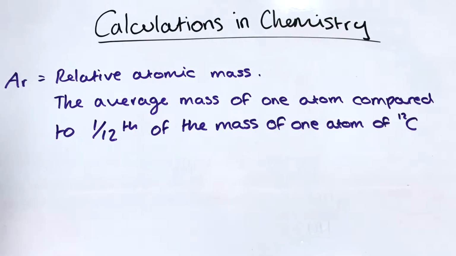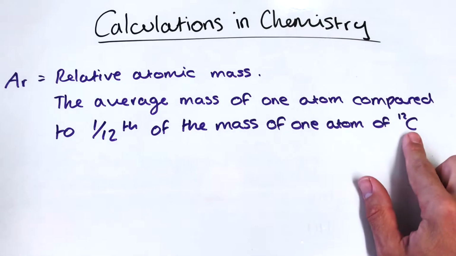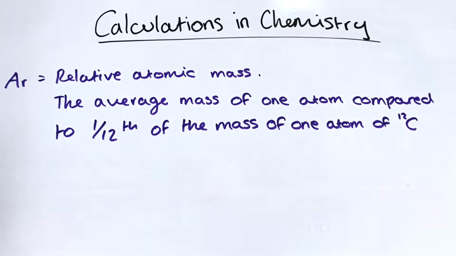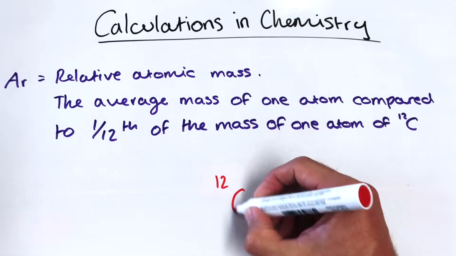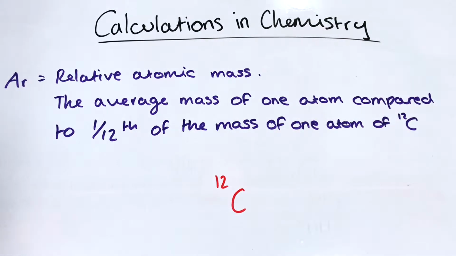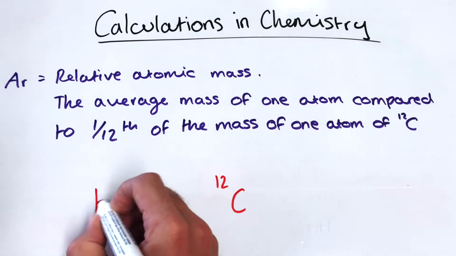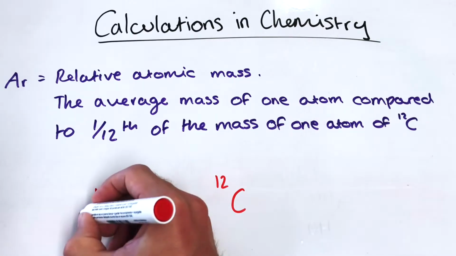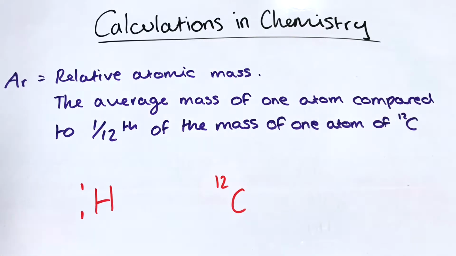Just like the Celsius scale, when we're using carbon-12 as our benchmark, we compare everything back to this carbon-12. So one atom of carbon-12 is our starting point. If we had an atom of hydrogen with one proton and no neutron, we could say that the mass of a hydrogen atom, being 1/12 of carbon-12, is equal to 1.